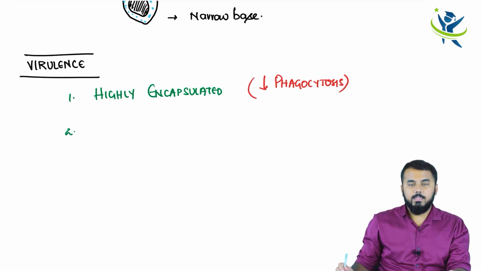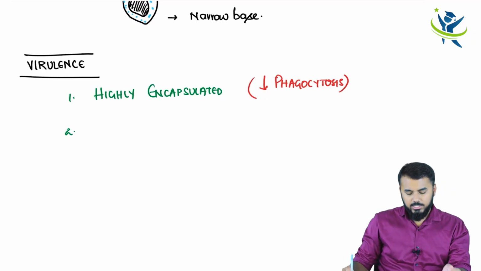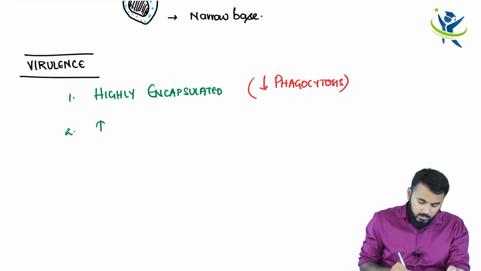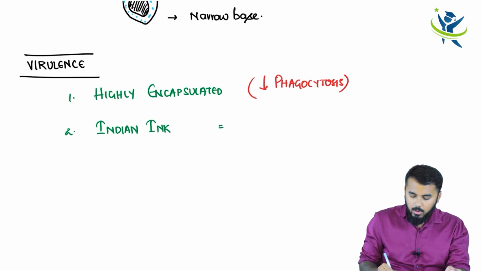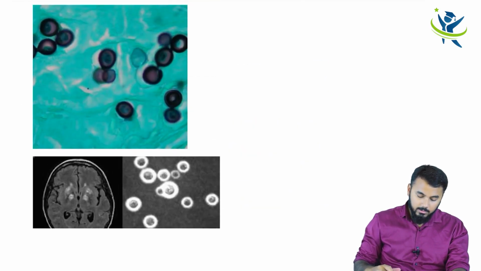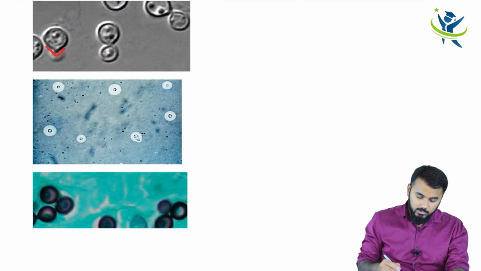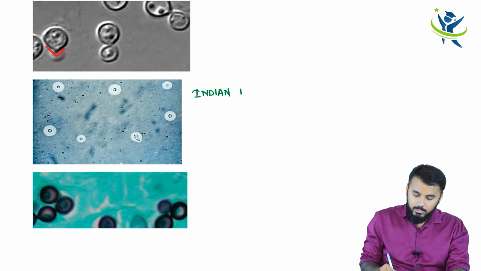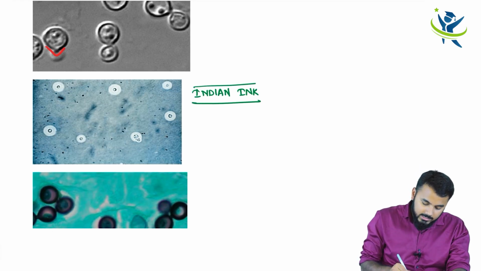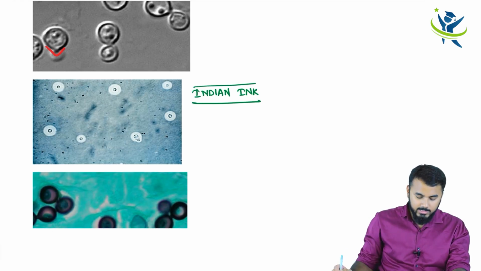The second important thing is that when I stain this fungus with Indian ink, what will I find? Look here. On Indian ink stain, I would find this. So when I use Indian ink, I can see a complete halo in the center.